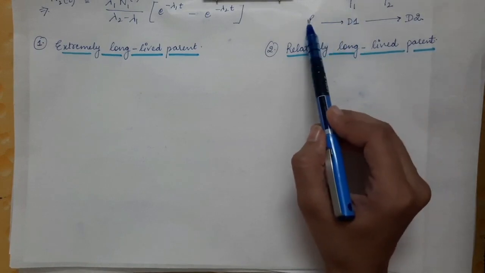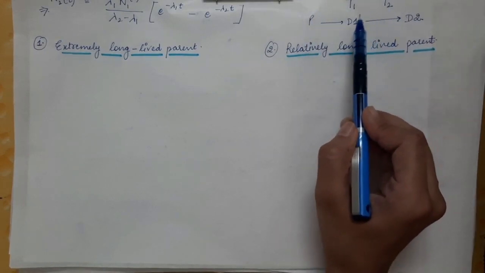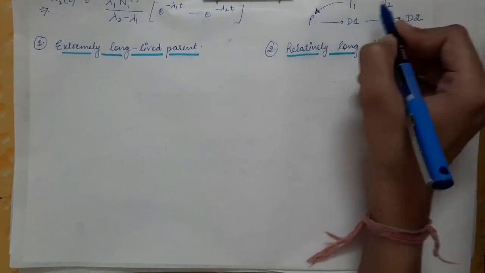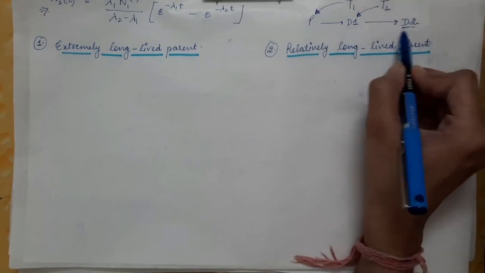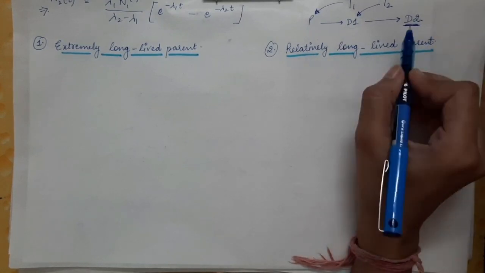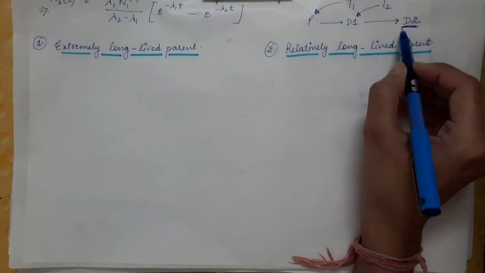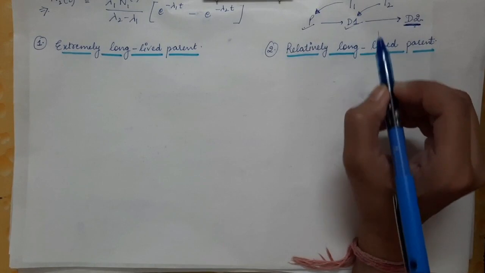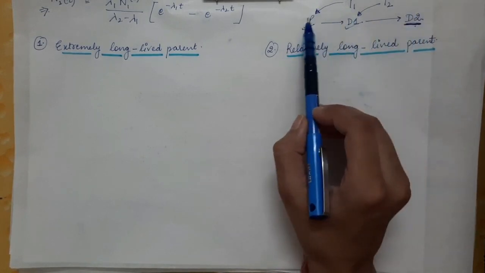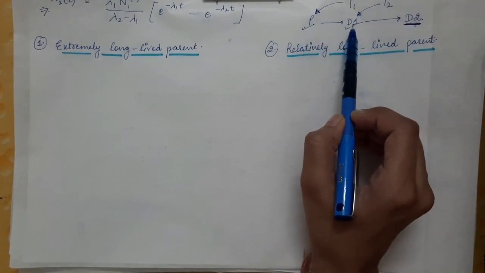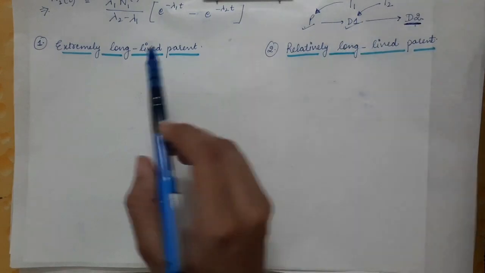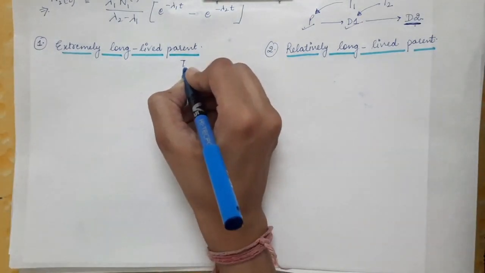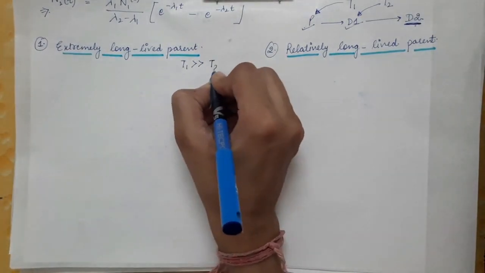T1 is the half-life of the parent nuclei and T2 is the half-life of this first daughter nuclei. We are not talking about the second daughter nuclei. We are just talking about the parent and the first daughter nuclei. So the half-life T1 is very much greater than the half-life of the first daughter nuclei. This is the first case that we are looking at, T1 is very greater than T2.